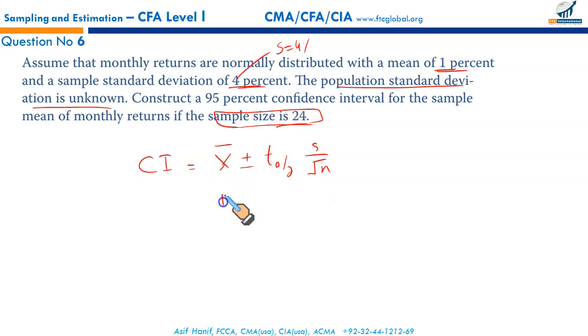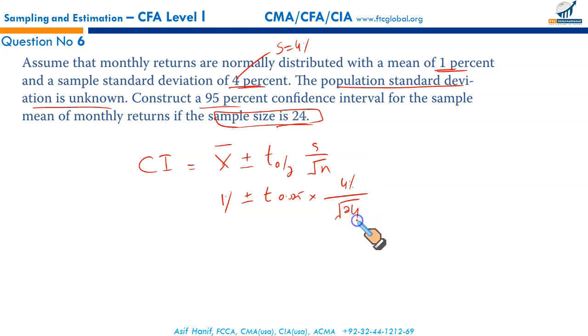So mean is 1% plus minus, since it's a 95% confidence interval, so it's going to be 5%, but that's 0.025, s is 4%, n is 24.